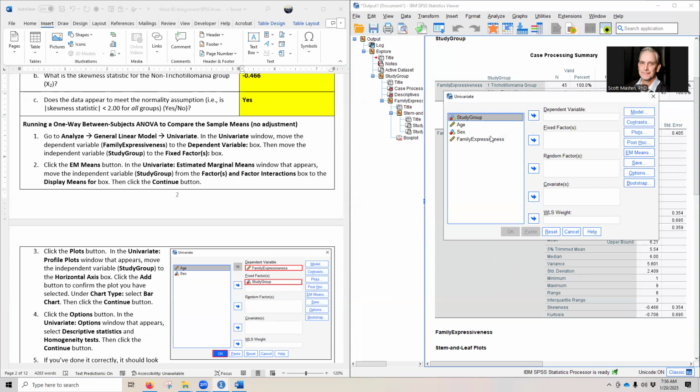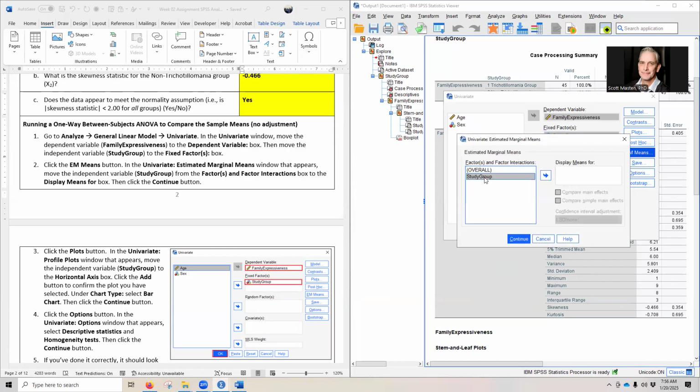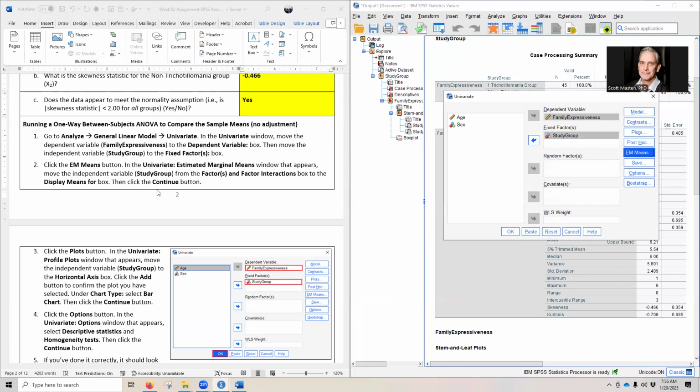In the univariate window, we take family expressiveness and move that to our dependent variable box. And then we move study group to the fixed factors box. And then we got to pick some options. Under EM Means, where you get estimated marginal means, you need to move study group over to the display means for box.